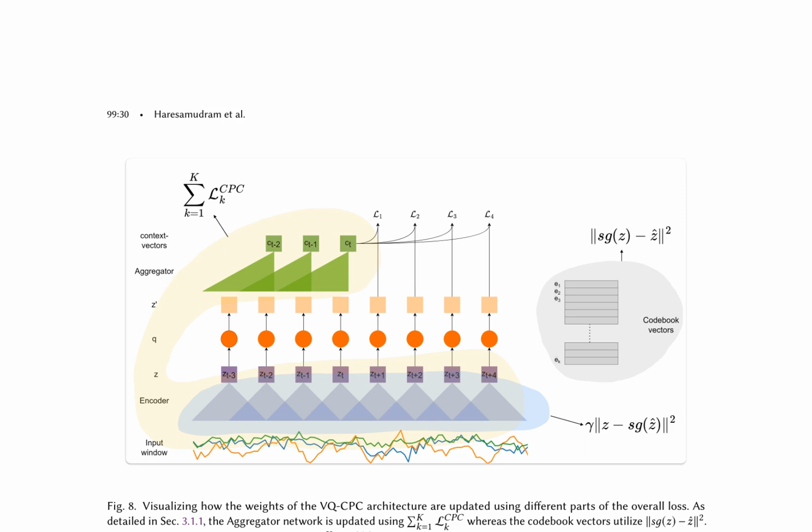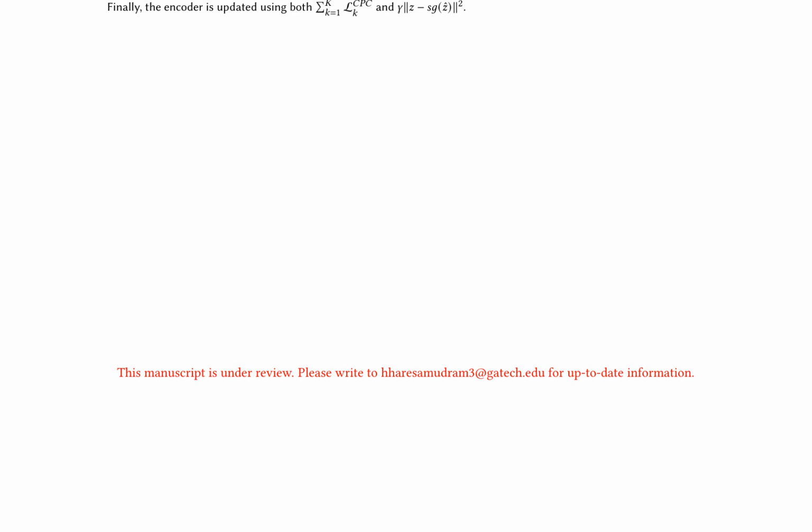The encoder is updated using a combination of both the contrastive predictive coding losses and the commitment loss, which is proportional to the Euclidean distance between the original vector z and the stop gradient vector sg(z), denoted as gamma ||z - sg(z)||².